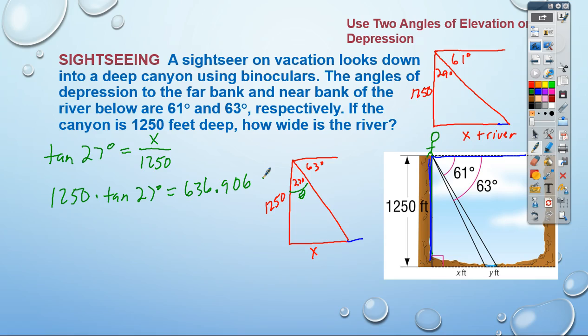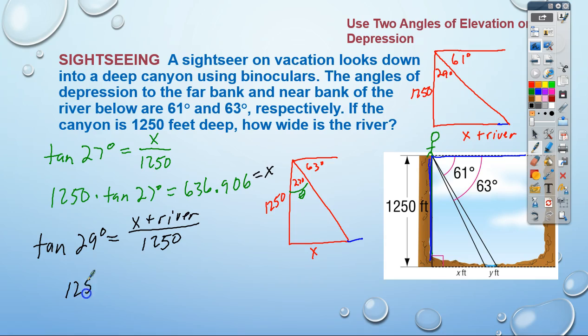All right, so then I have to do the other one. How do I do that other one? Let's pick another color. Let's go plain old black. I need to find the X plus a river. Same deal. It's going to be tangent of 29 degrees is equal to X plus a river over 1250 feet.